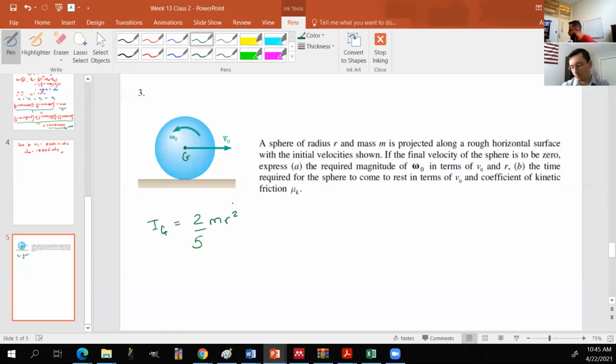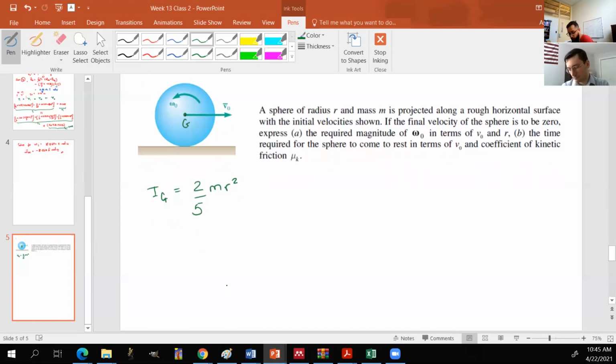All right, and what we're going to do to solve this problem is we're going to look at the linear and angular momentum at position 1. We're going to look at the external impulse that is applied along the duration when this thing comes to a stop, right?